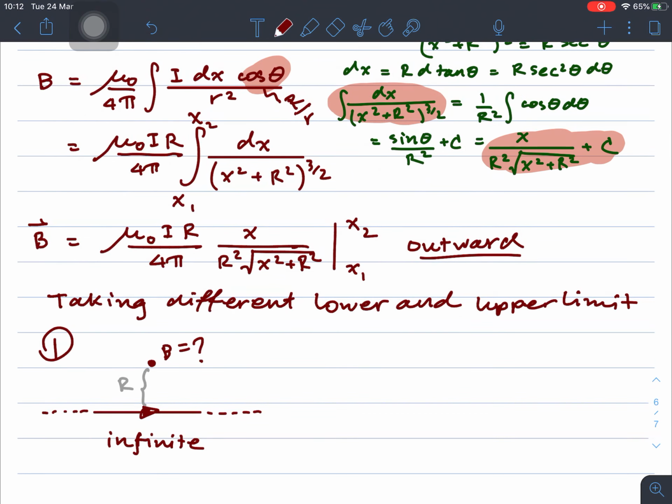So I will take the limit x1 as minus infinity and x2 as infinity. Then B, the magnitude of the magnetic field, will be the constant mu 0 I r over 4 pi.